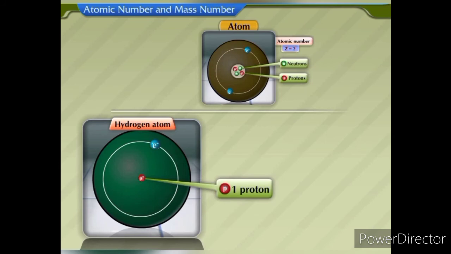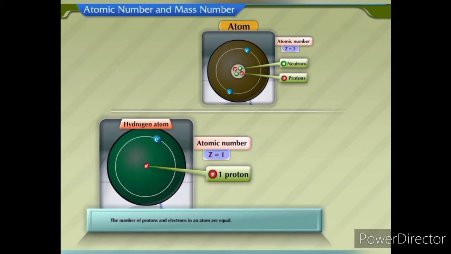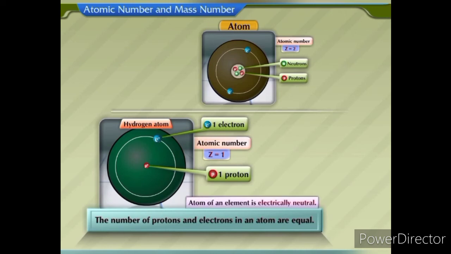So, the atomic number of hydrogen is 1. We express it as Z is equal to 1. The number of protons and electrons in an atom are equal. Thus, the atom of an element is electrically neutral.